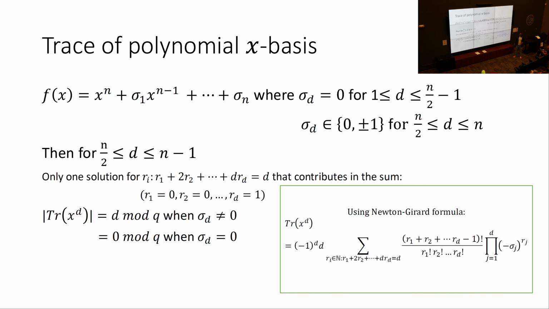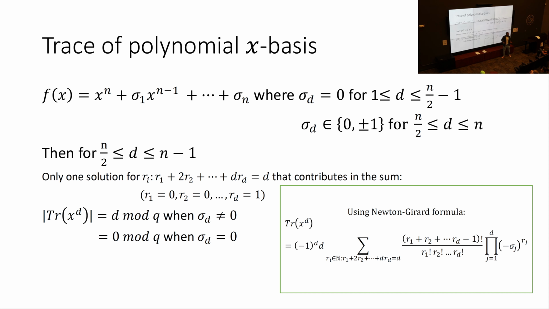Now the interesting part is in the second half. Since the first half of the sigma j's are already 0, the only way that this sum can have a contribution is for this value to be 1 and 0 elsewhere. Because if you take any two values over n/2 and try to have some kind of solution, it's going to go above d, so this is not going to be in the summation.